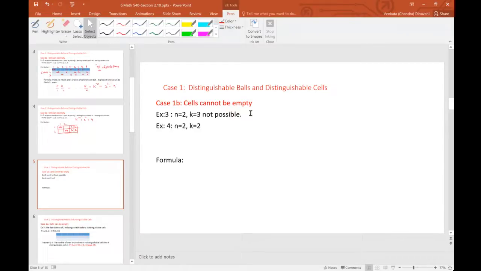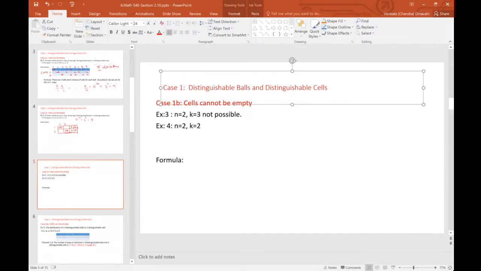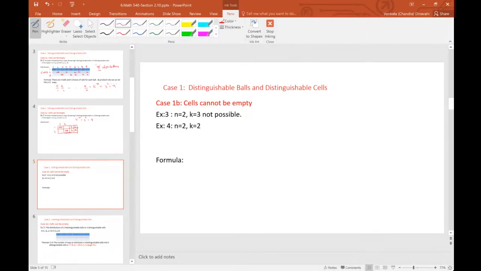So whenever you want case 1B, you always want the number of balls to be more than the number of cells. So n always has to be bigger than or equal to k.